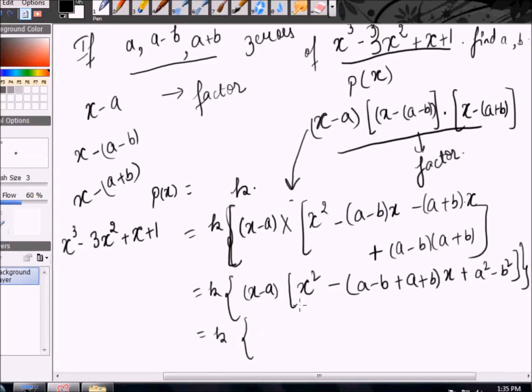On further simplification, this term becomes minus 2ax.